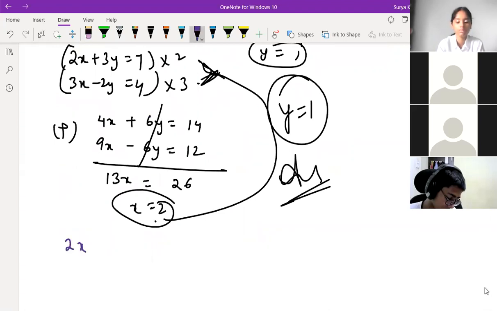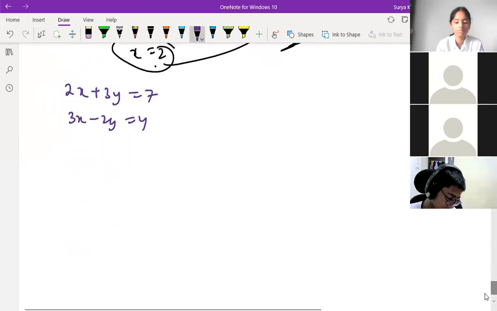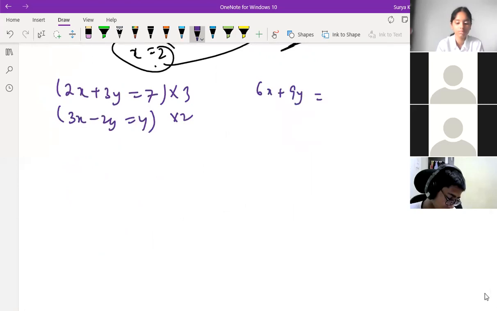So the question is 2x plus 3y is equal to 7 and 3x minus 2y is equal to 4. Correct? Yes, sir. I multiplied the first one by 3 and second one by 2. So I'll get here 6x plus 9y is equal to 21, correct? Yes, sir. Then 6x minus 4y is equal to 8. Yes, sir.